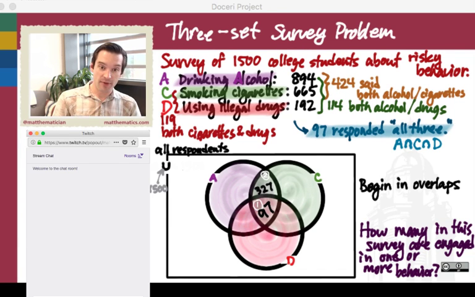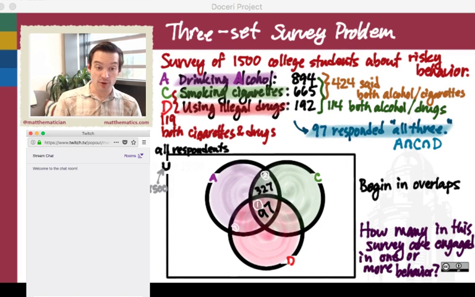Then I just need to do the same thing with the other double intersections. How about this one? In this intersection here are the people who drink alcohol and use illegal drugs, but they don't smoke cigarettes. And we know that the alcohol and drugs combination has 114 people, but that 114 also includes the 97 who do all three.